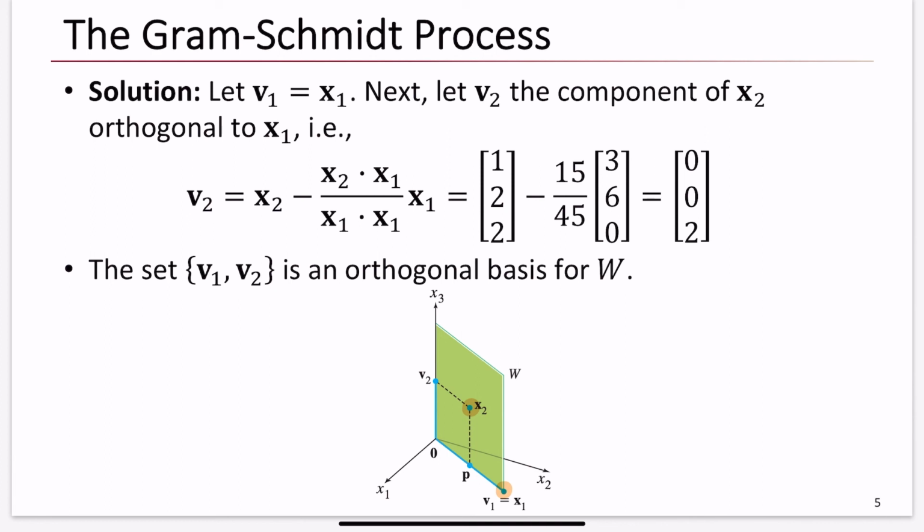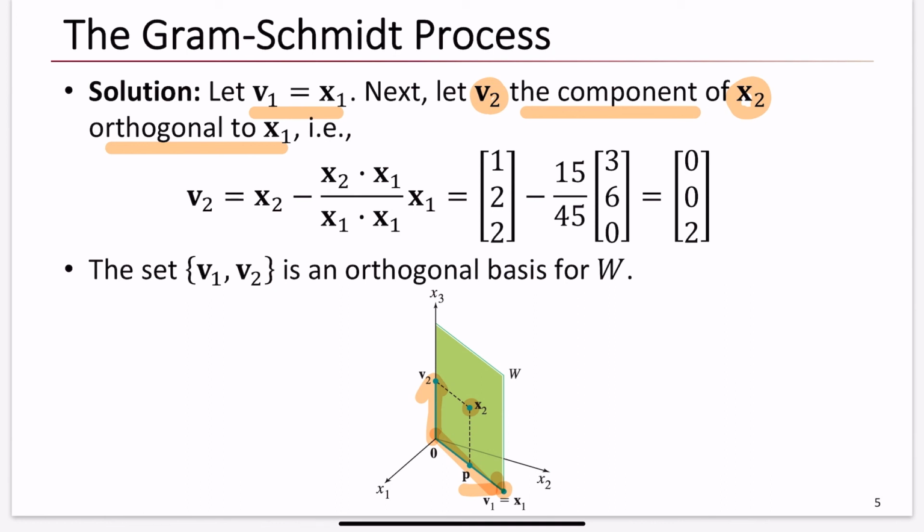In the Gram-Schmidt process, first of all, we just assume that v1 is x1 itself. Then we want to find v2, which should be the component of x2 orthogonal to x1, in other words, orthogonal to the line spanned by x1 or v1.